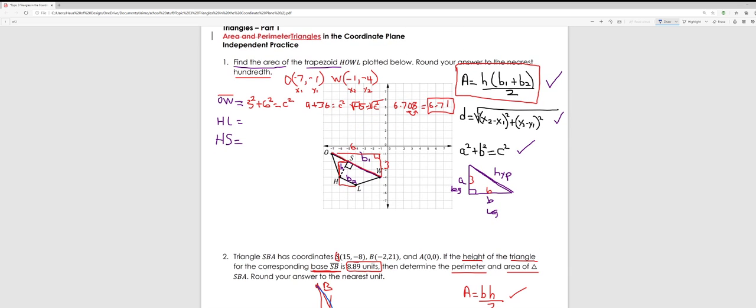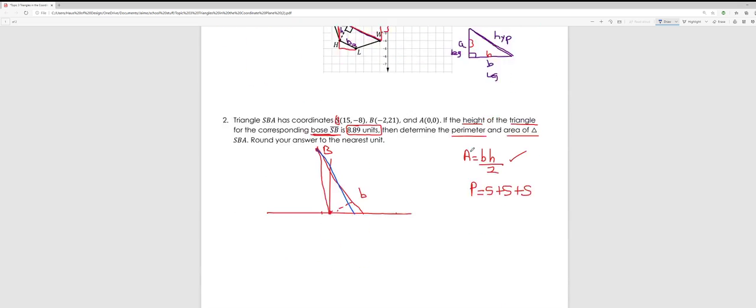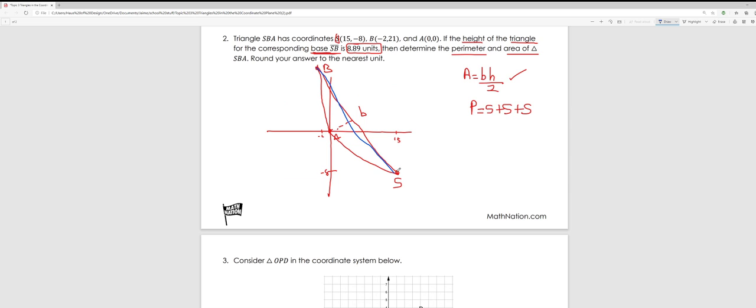You can use the distance formula, or you can use the Pythagorean theorem. In this case, you can draw a right triangle like this, and you count the spaces. How many spaces do you have on the X, and how many spaces on the Y? Use the Pythagorean theorem, and there you go. And then you plug it in to find your area.